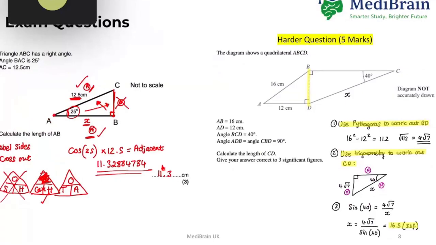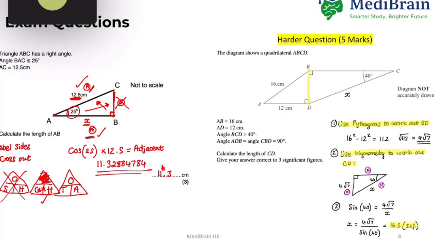So 16 squared subtract 12 squared gives you 112, and then you square root it to get 4 root 7 as the simplified answer. So BD is 4 root 7.